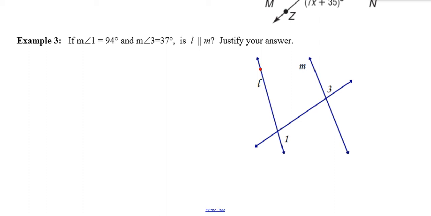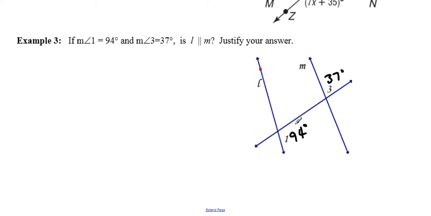And finally, example 3. If the measure of angle 1 is 94, so I'm going to write that in there, and the measure of angle 3 is 37, is line L parallel to line M? Well, angle 3 and angle 1 don't form any sort of parallel line relationships. They're not corresponding, they're not alternate exterior, they're not alternate interior, they're not consecutive.